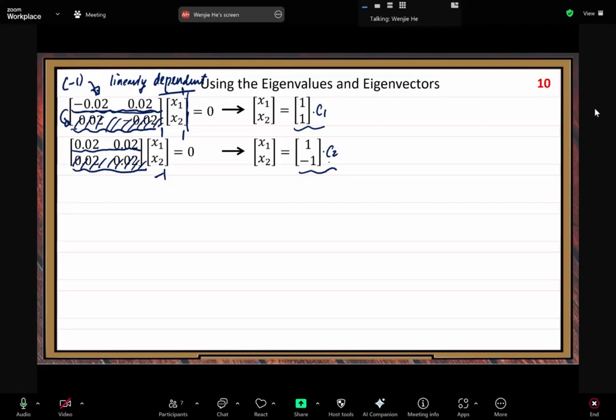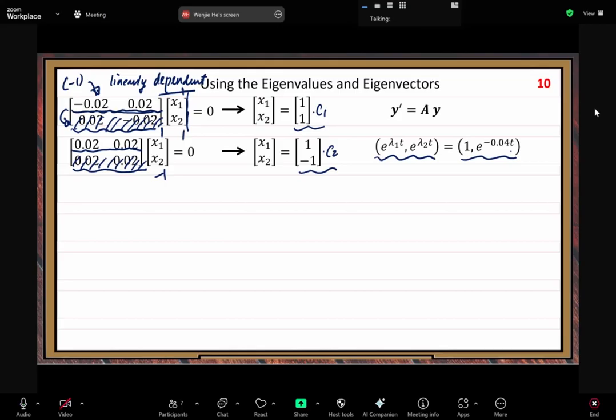So now, in this way, we find two eigenvectors for our coefficient matrix, capital A. So we are ready to write a general solution. The last step. Corresponding to the eigenvalues, we have the exponential terms we need to use to write our general solution.